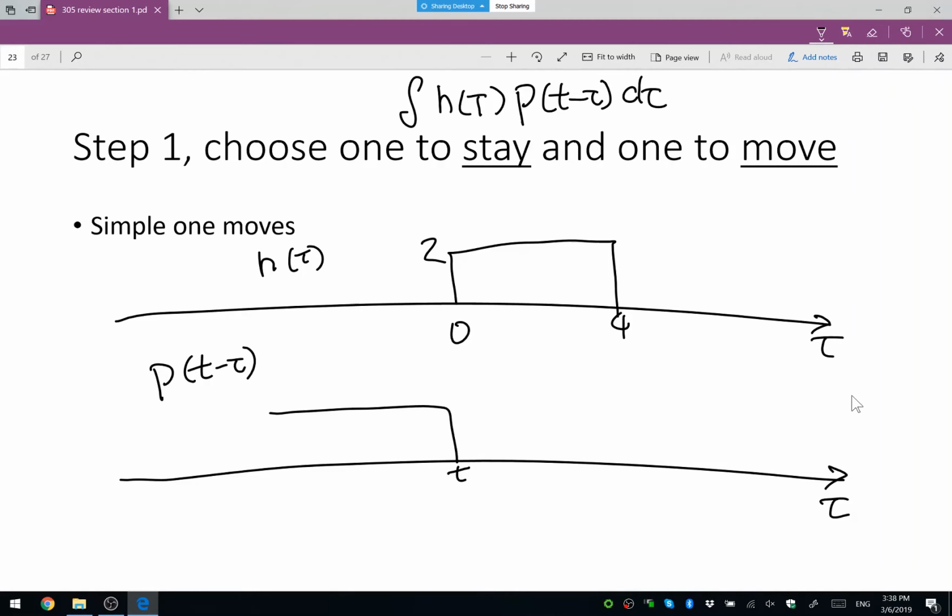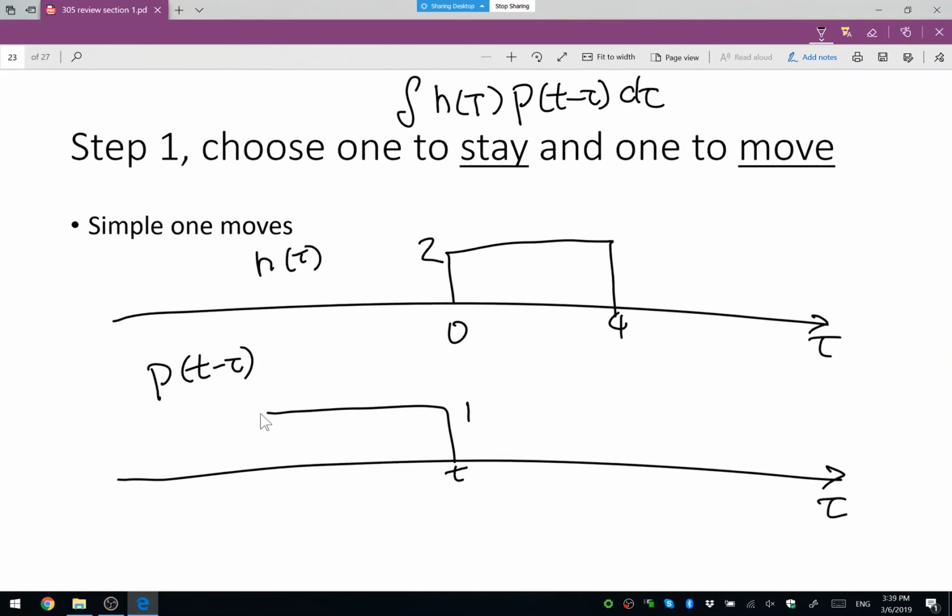Based on the range of t, we will divide this convolution, or rather the range of tau, into different ranges. So how to divide tau?